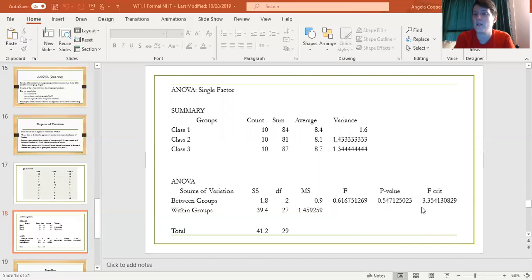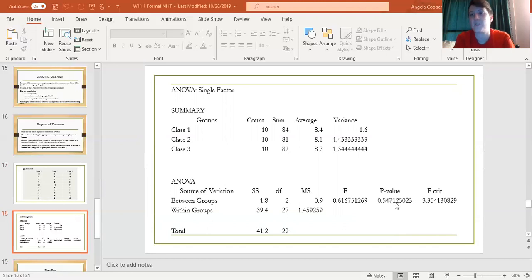This F critical here would be our bar that is set for significance. That's like our alpha level if we were to use the F statistic to calculate significance as opposed to just the P value. So 0.62 is not greater than 3.35. So both the F statistic and the P value are telling us to retain the null hypothesis.